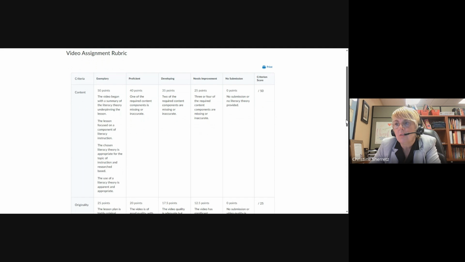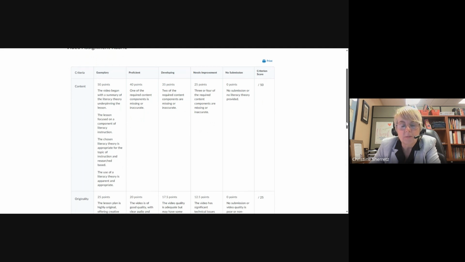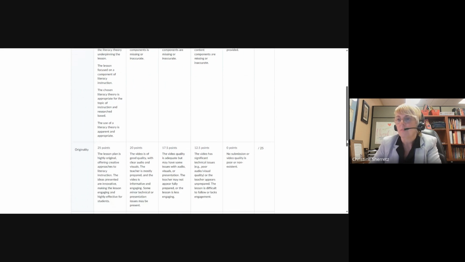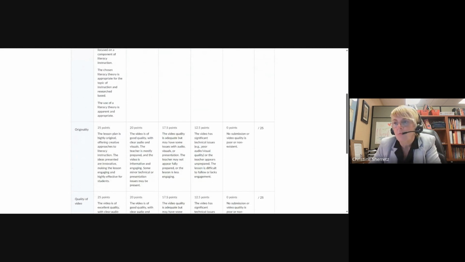Is the lesson focused on a component of literacy instruction, maybe fluency or comprehension or phonics? Is the theory appropriate for the topic of instruction? Does it align? Is the use of the literacy theory apparent and appropriate? So it needs to be apparent. I shouldn't have to wonder, okay, what theory are they doing and why? That'll be worth 50 points.